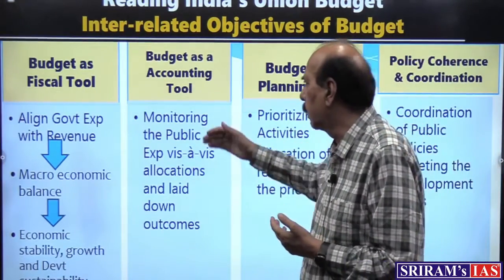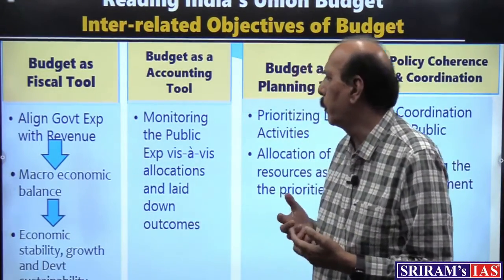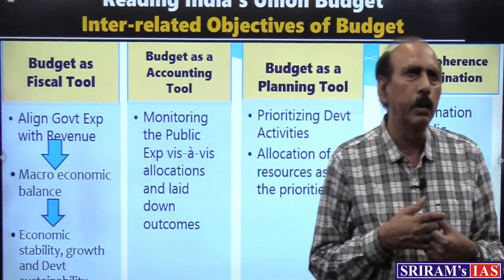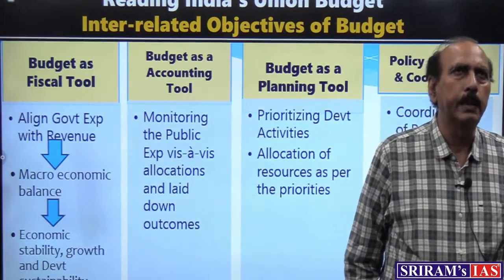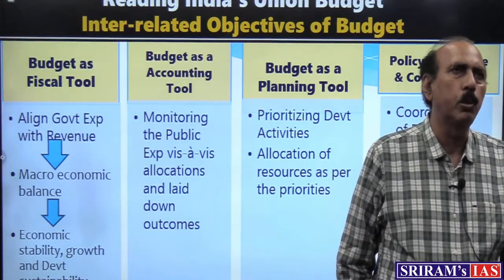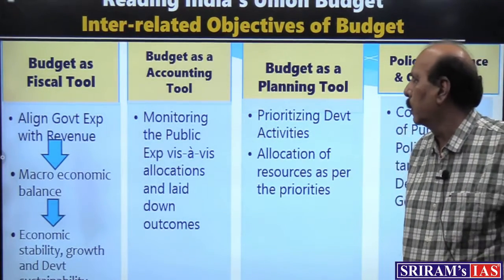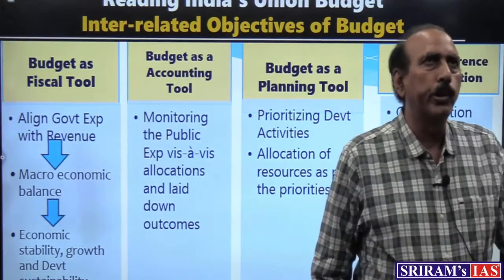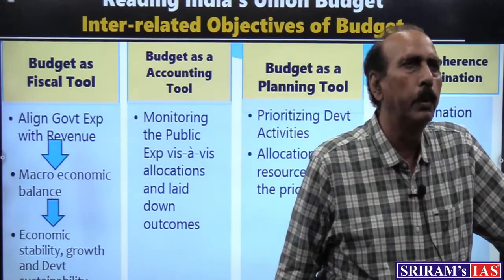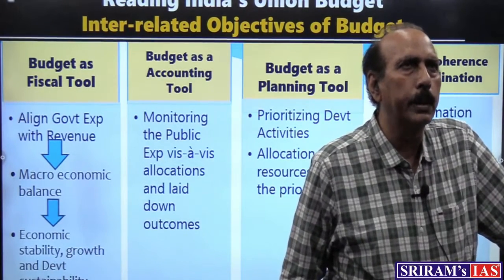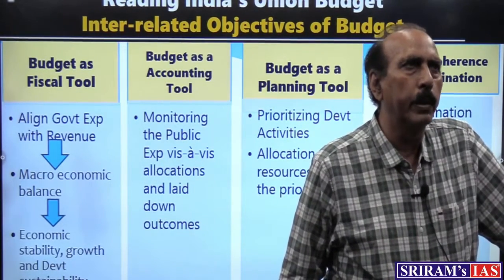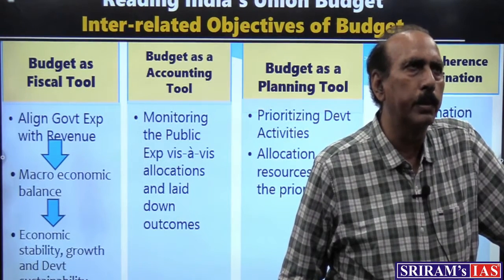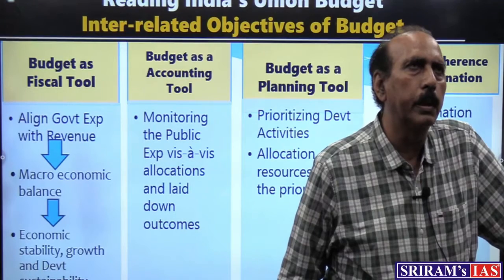Budget as an accounting tool has to ensure that whatever expenditure is done by the government has resulted in the expected outcome. To ensure that the expected outcome is attained by government expenditure, in the case of India, we also started presenting an outcome budget in the parliament.